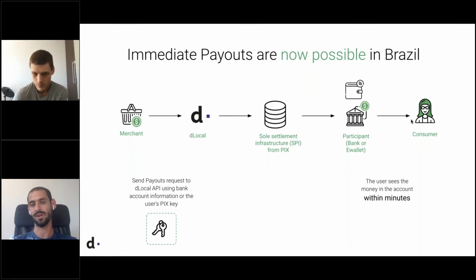The participant bank or institution, maybe a wallet, maybe a bank, that holds the consumer's registered key will get the funds in very little time, and those funds are credited into the account and available for the user to use whenever and wherever they want.